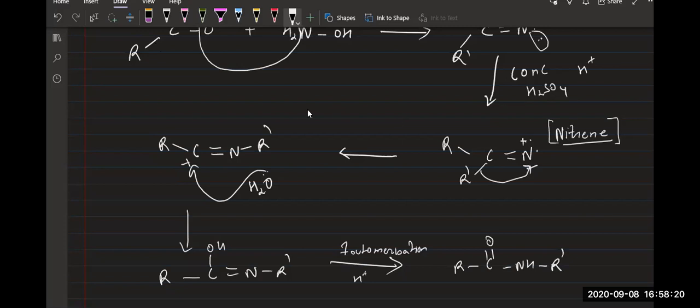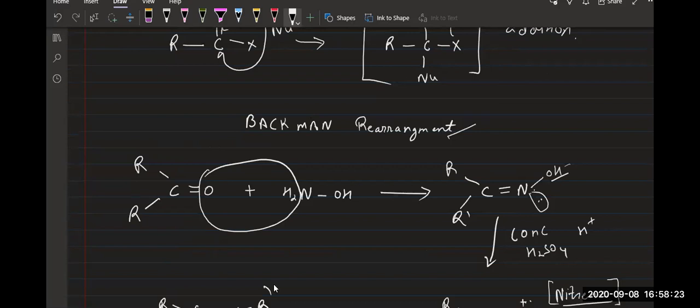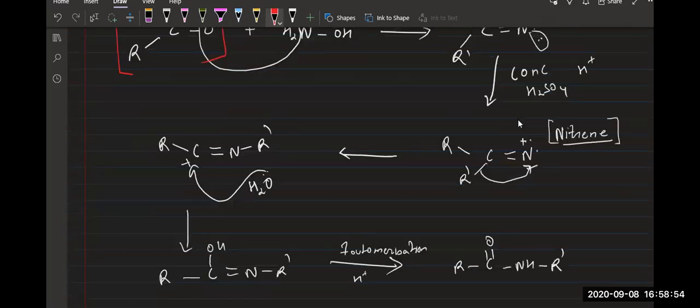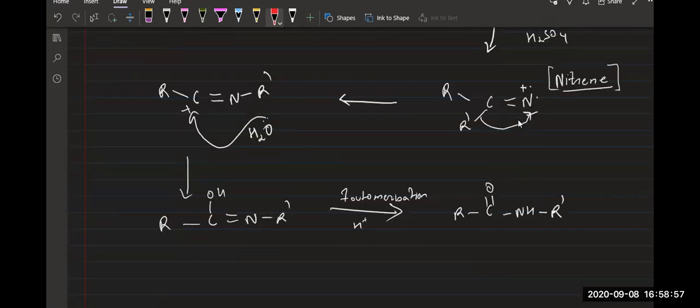Now, if you see, your reactant was this, which is your ketone. In this ketone, you're just inserting NH. Agree, everyone? So what is the overall reaction?